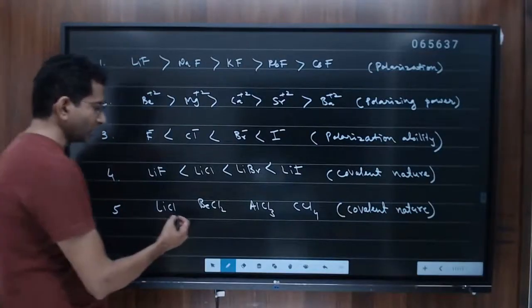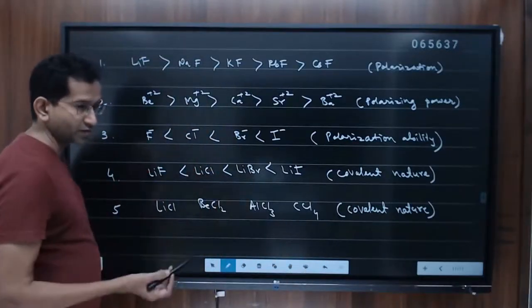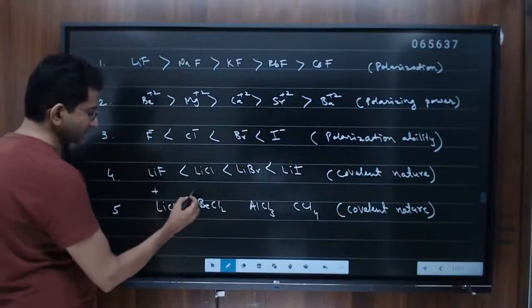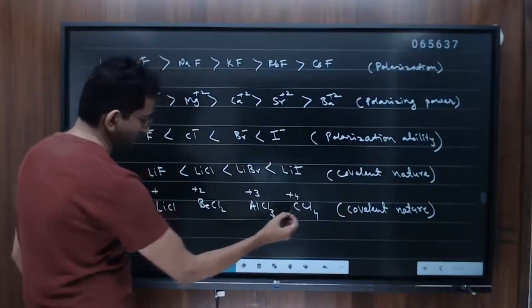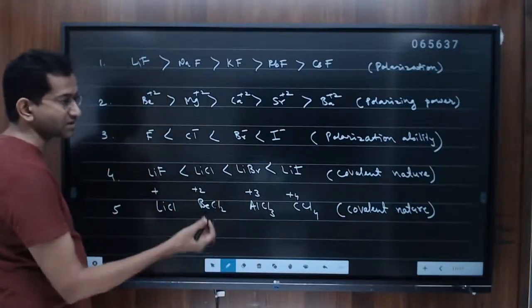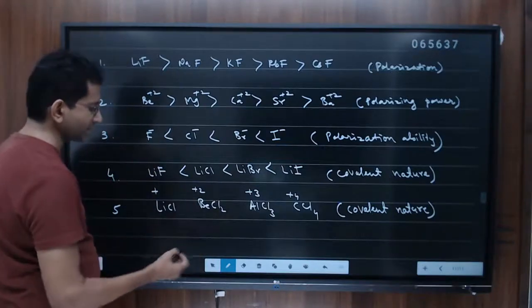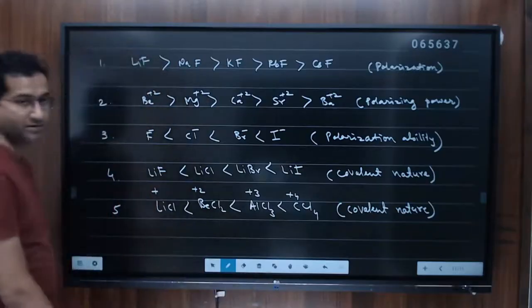So in this all Cl minus remains same, and going from left to right two things will happen. This is Li plus, this is Be plus 2, this is Al plus 3 and this carbon is plus 4 as such. So what happens, size decreases, not only that charge increases, and due to that polarization will increase and covalent character will also increase. So it will be like this.